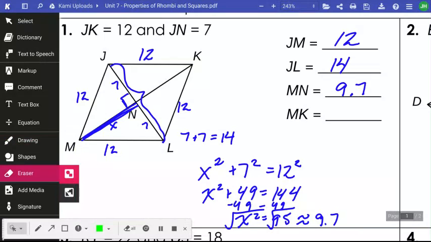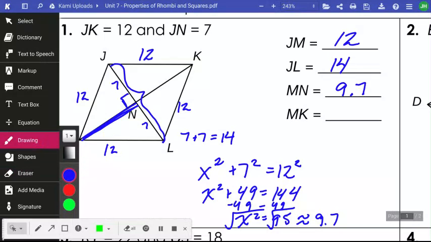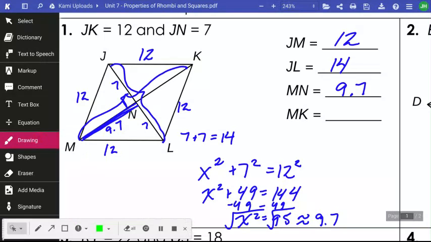So this is not x anymore. It is 9.7. Right. Now it asks for MK, which is this entire diagonal. So if that part is 9.7, then this part is 9.7 because diagonals bisect each other. So I will do 9.7 plus 9.7 to get MK. So I will get 19.4.